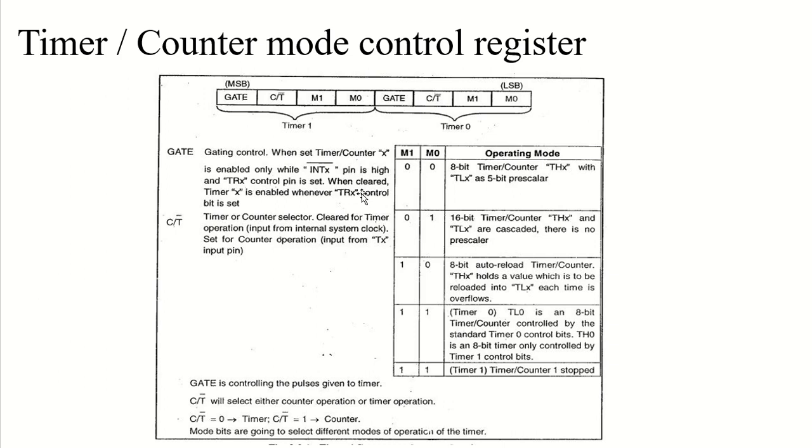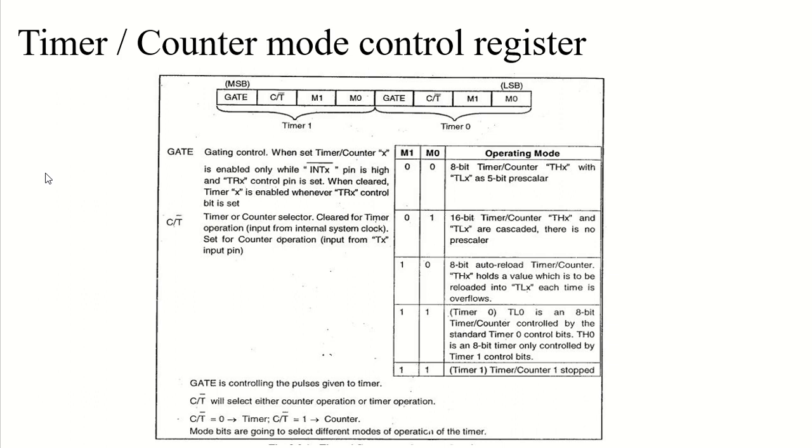Now let's come to this image. You can see the gate pulse, which is controlling the pulse given to the timer. The C/T bit that you are seeing here for timer 1 selects between the timer operation and the counter operation: C/T bar 0 stands for timer, and C/T bar 1 stands for counter. The mode bits select different modes of operation of the timer.